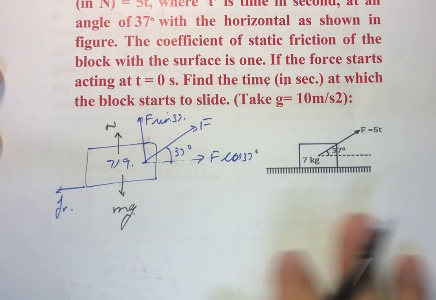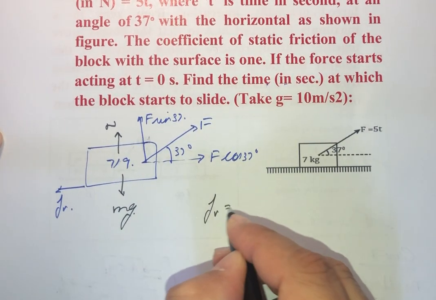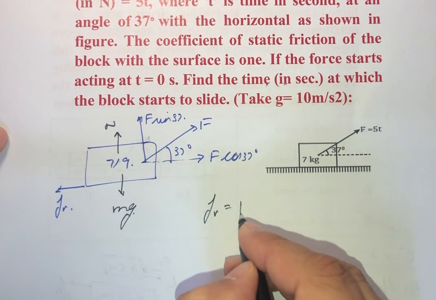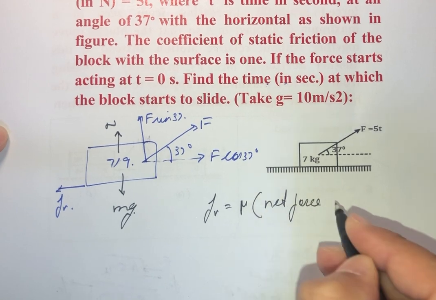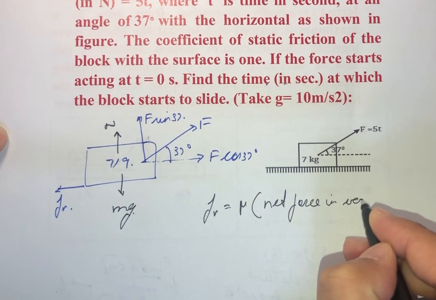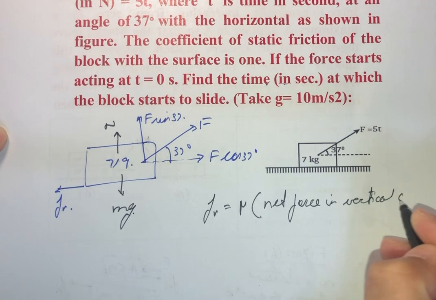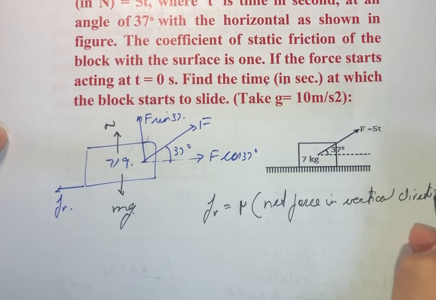So we can write Fr will be equal to mu into net force in vertical direction.